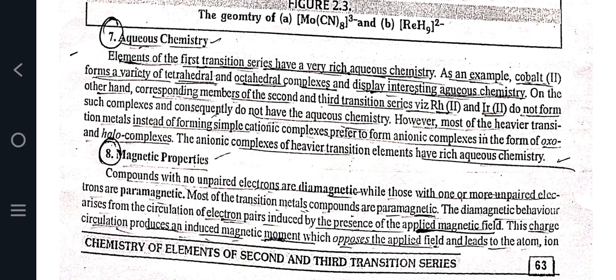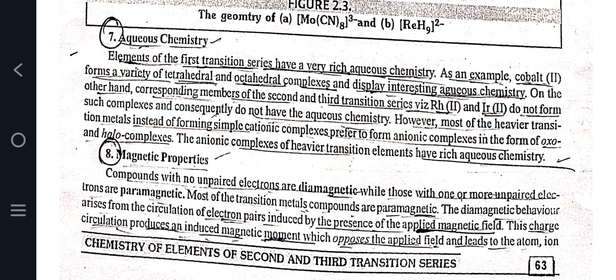Its magnetic properties: compounds with no unpaired electrons are diamagnetic, while those with one or more unpaired electrons are paramagnetic. Most of the transition metal compounds are paramagnetic. The diamagnetic behavior arises from the circulation of electron pairs induced by the presence of an applied magnetic field.